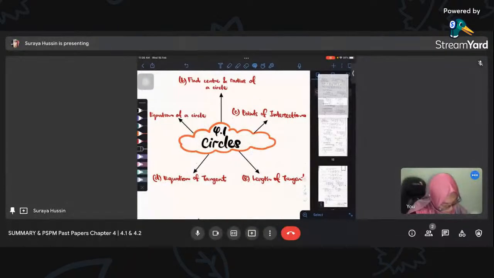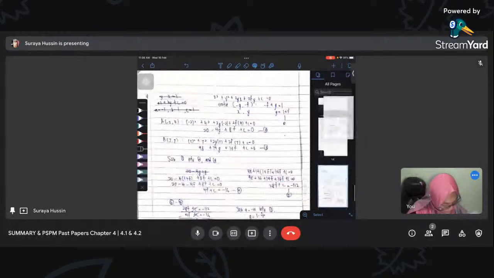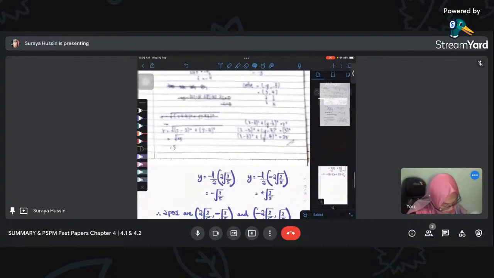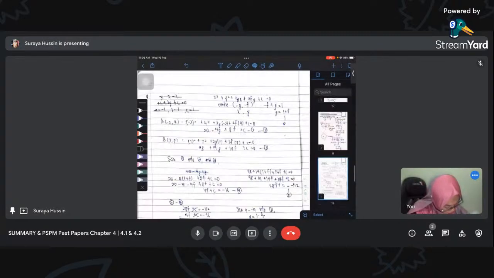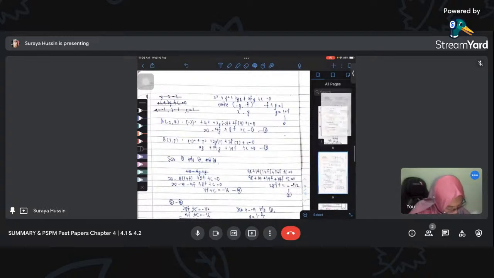Sebentar ya. Banyak saya buat soalan untuk kamu.